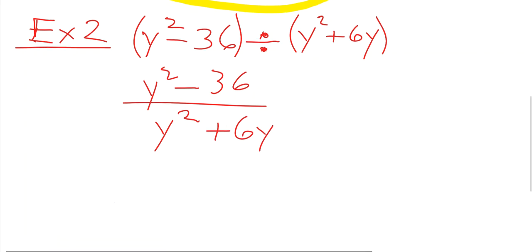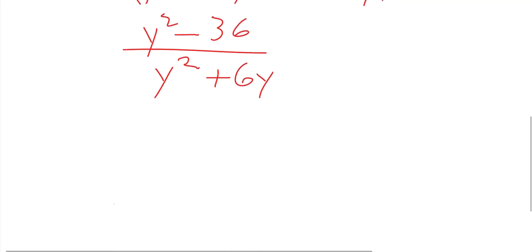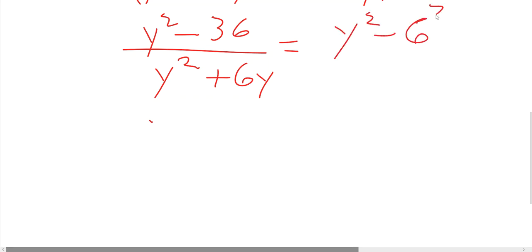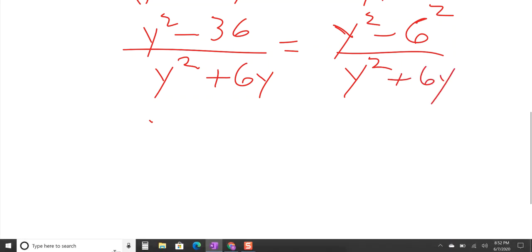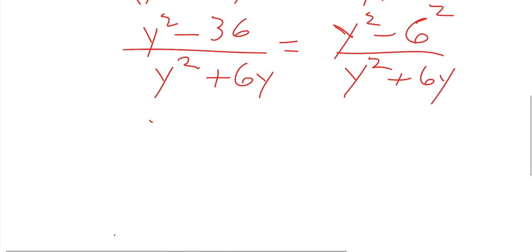We can write this then as the difference of two squares in the numerator. So it's y squared minus 6 squared, divided by y squared plus 6y. Now in the numerator we can factor that, so this will become equal to y plus 6 times y minus 6.